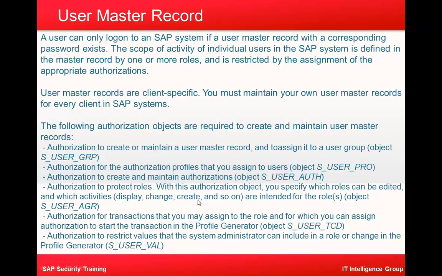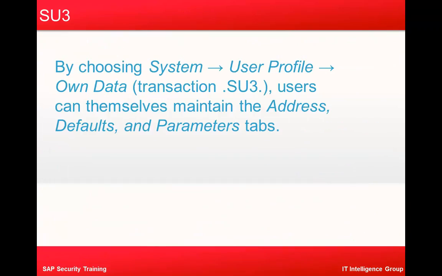S_USER_AUTH is the authorization to create and maintain authorizations. Then we have S_USER_AGR, which is to protect roles. With this authorization object, you specify which roles can be edited and which activities, like display, change, create, etc., are intended for the role.